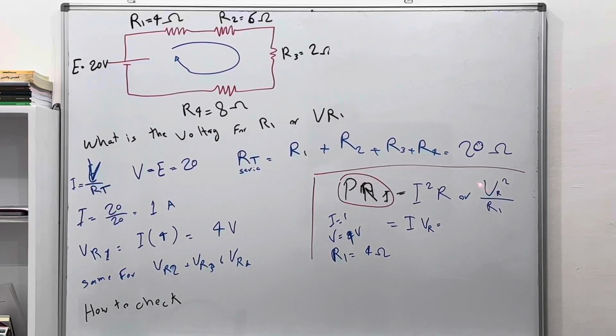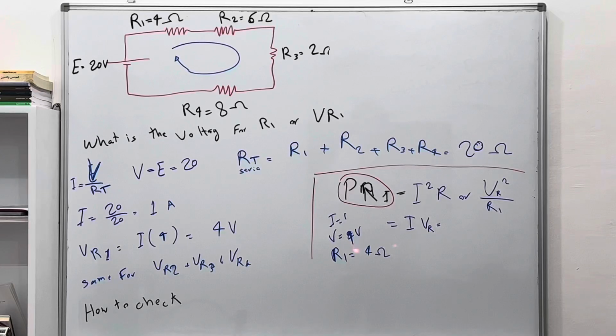So if we use 4 volts, because this is VR1, squared it will be 16. 16 divided by 4, which is R1, will be 4.